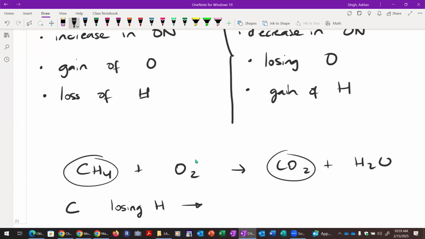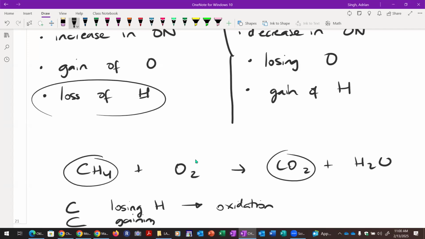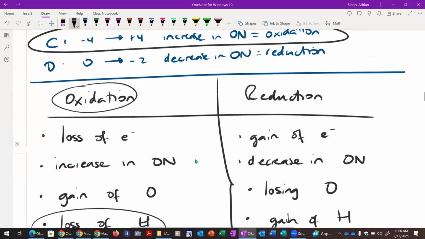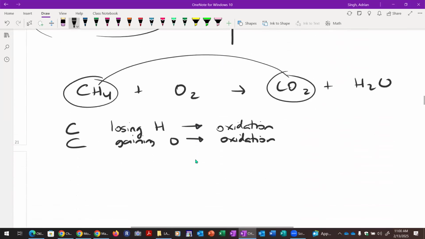So that would tell us that it's undergoing oxidation. Also, we're seeing that carbon is gaining oxygen, right? It loses the H and then it gains the O. So that confirms that it is undergoing oxidation as well. And we looked at the oxidation numbers on top and we determined that already. But now we're saying we can look at O's and H's to determine the same thing.